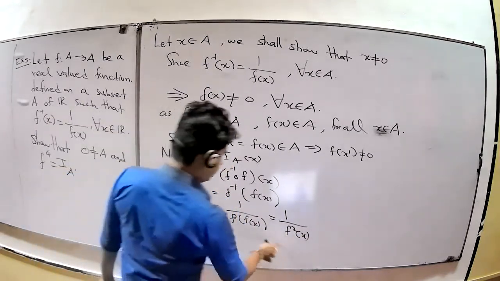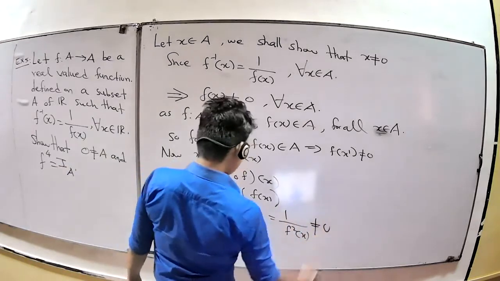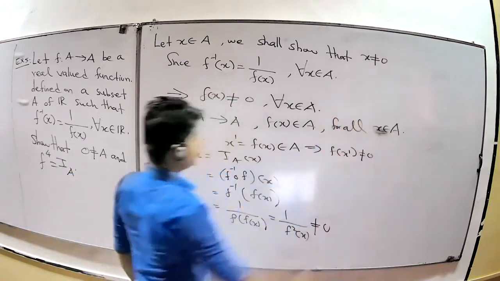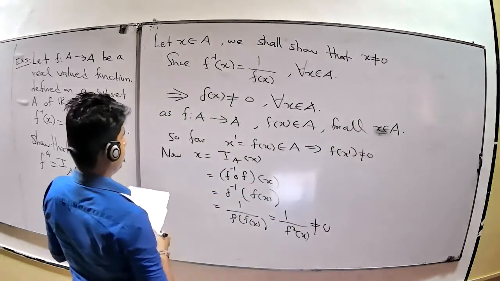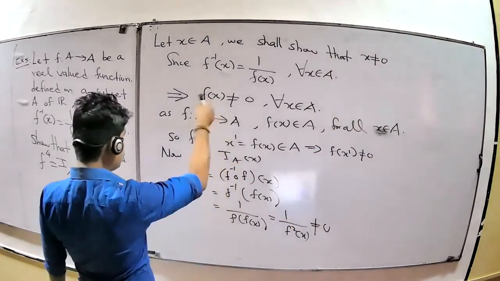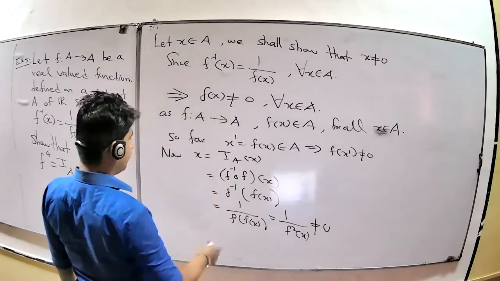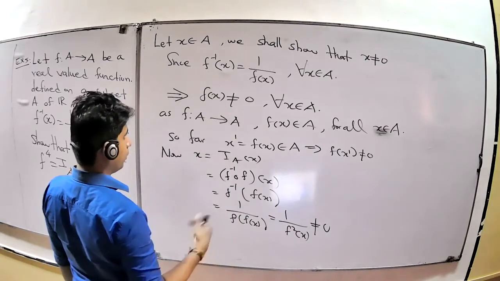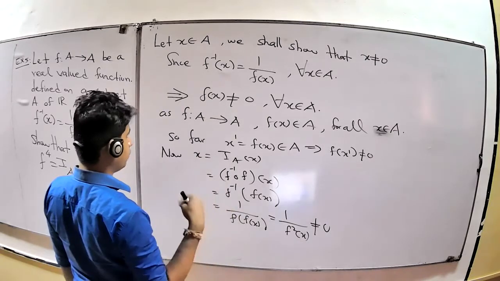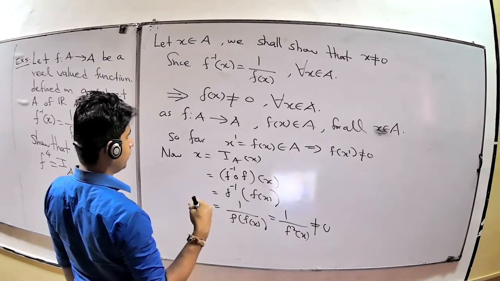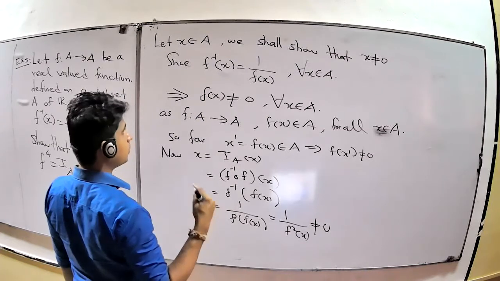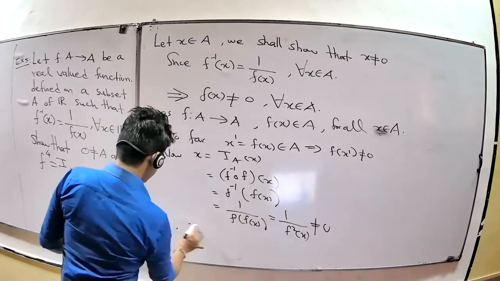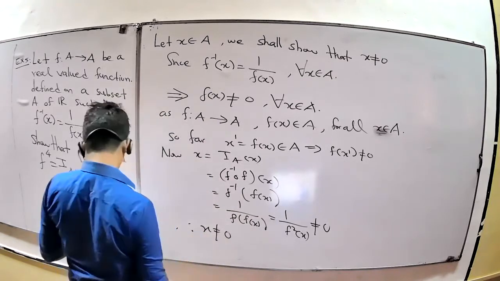Obviously this is non-zero, because otherwise it is not defined. Therefore x is non-zero. x is one of the elements of A, so for A, you want to show that for any value of x belonging to A, it is non-zero. Here x is non-zero.